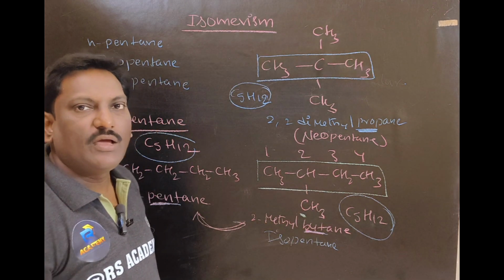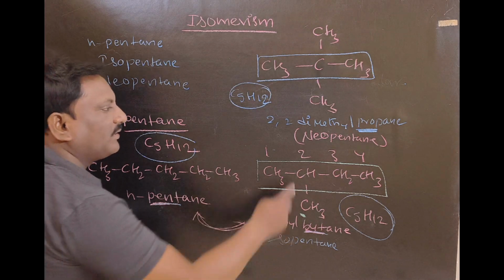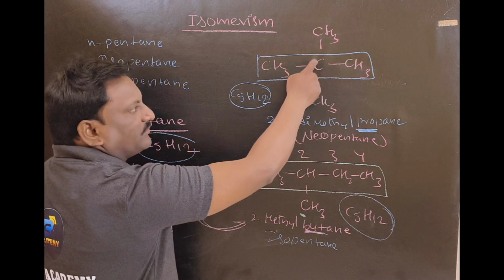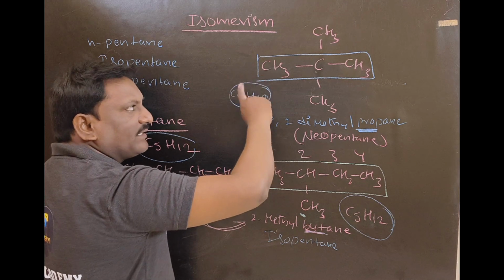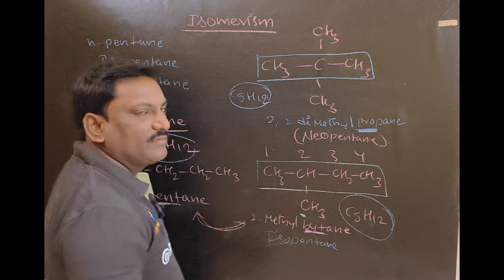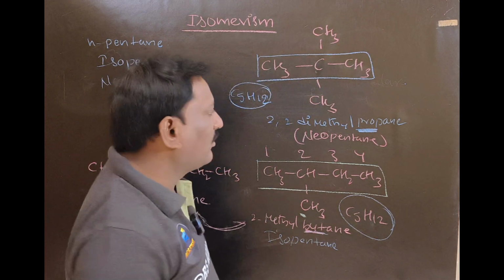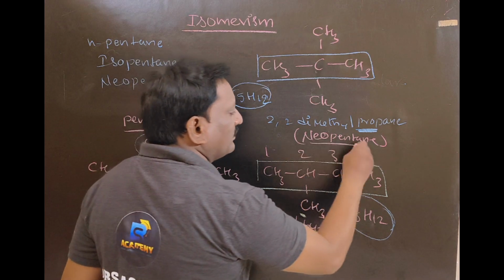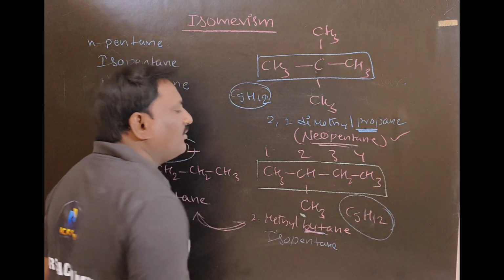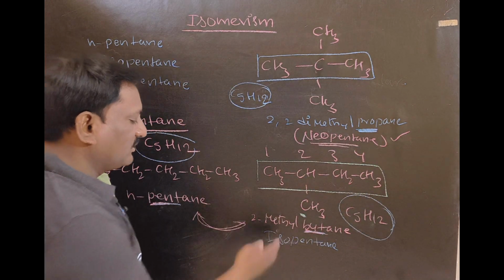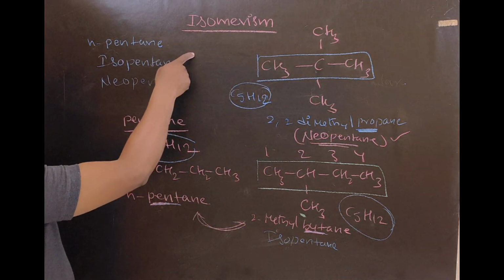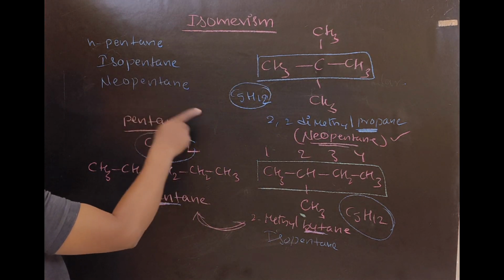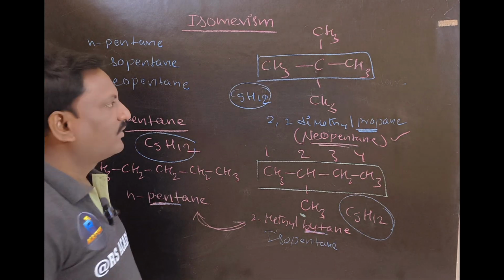If the carbon next to the terminal carbon consists of 2 methyl groups, that is called neo. So this is considered as neopentane. Make a note: iso, neo, n-pentane, isopentane, neopentane.